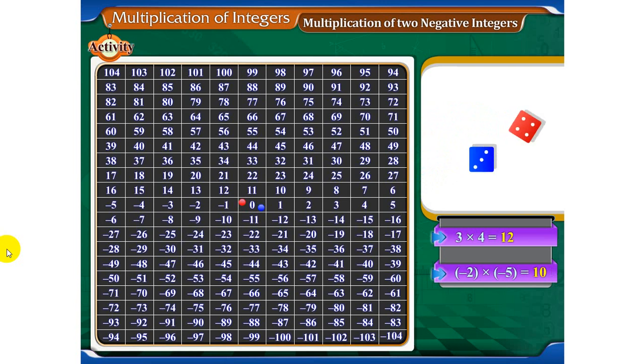If 1 red and 1 blue dice have integers 4 and 3, then negative 4 multiplied by 3 is equal to negative 12. The game moves on like this. The player who reaches either negative 104 or 104 first is the winner. Play this game with your friends.